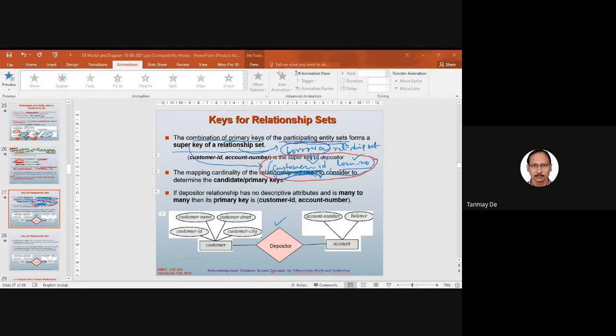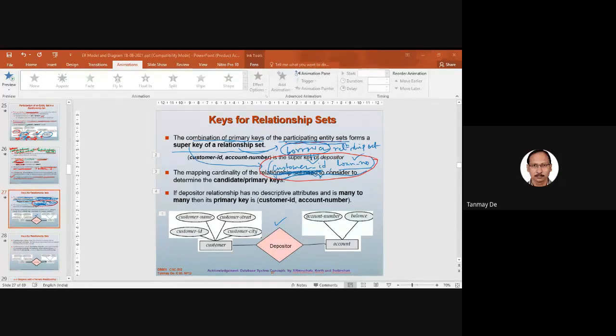Customer ID and account number is the super key of the depositor relationship set. Now there is no other super key, so this one acts as the primary key as well as the candidate key. Is it clear? Yes, sir.